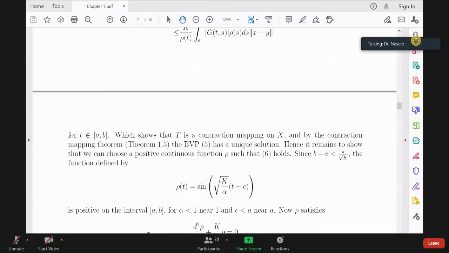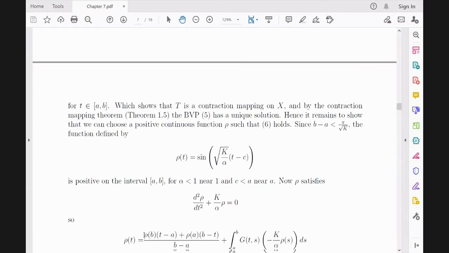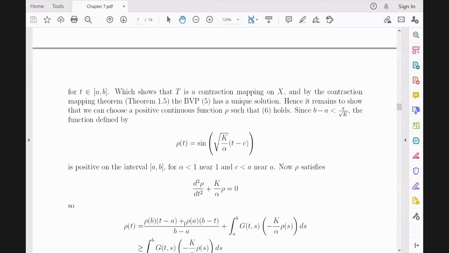Also, rho(t) is equal to [rho(b)(t − a) + rho(a)(b − t)] over (b − a) plus the integral from a to b of the derivative of g(t,s) times minus k over alpha rho(s) ds.